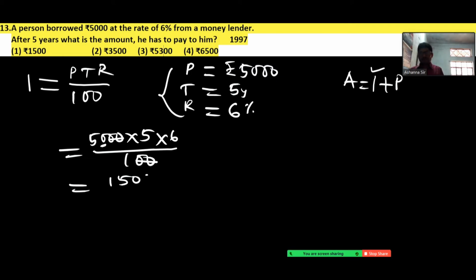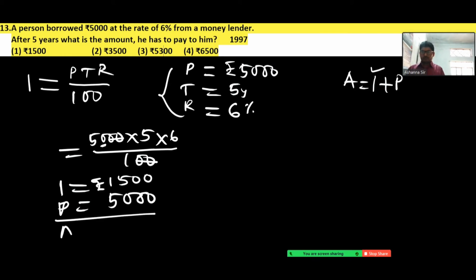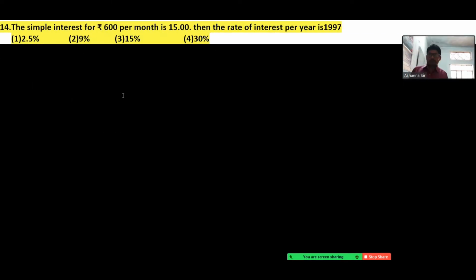Write this 0 also. So interest is 1500, principal 5,000 rupees. So amount is 6,500 rupees. So this is the amount, 6,500. Option 4. Next question 14.